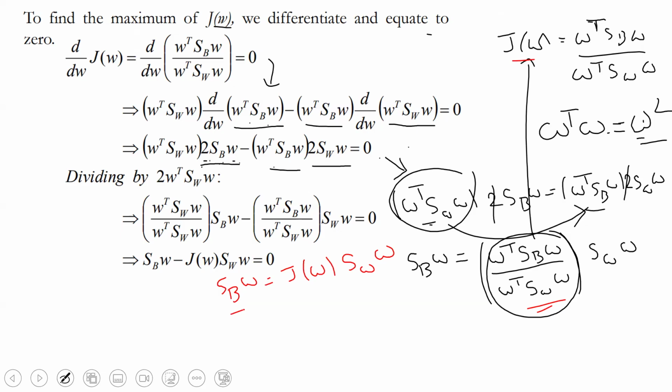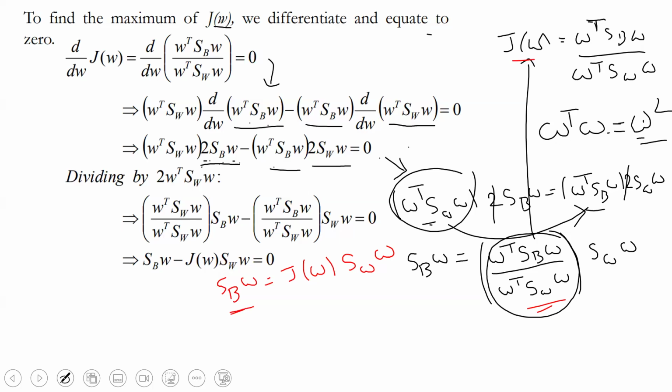So LDA has two terms, within class and between class. We are trying to maximize the distance between the means of classes. The best way to say it is: maximize the distance of means between the classes and minimize the variance, or the scatter of points, within each class. Within class and between class is what the objectives basically talk about.